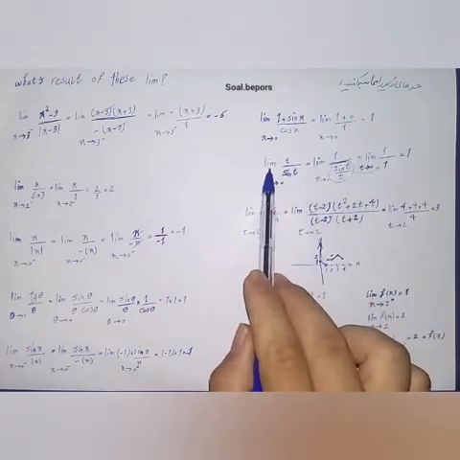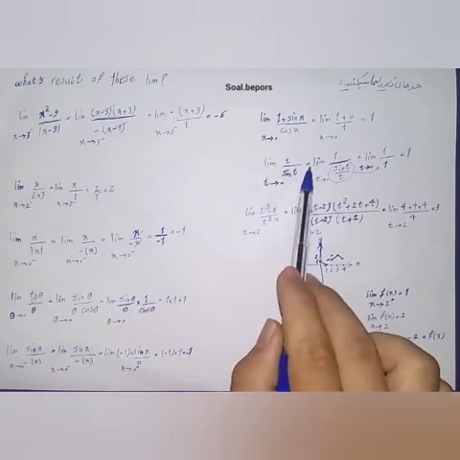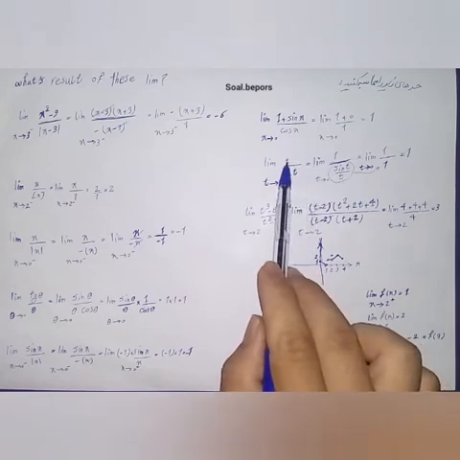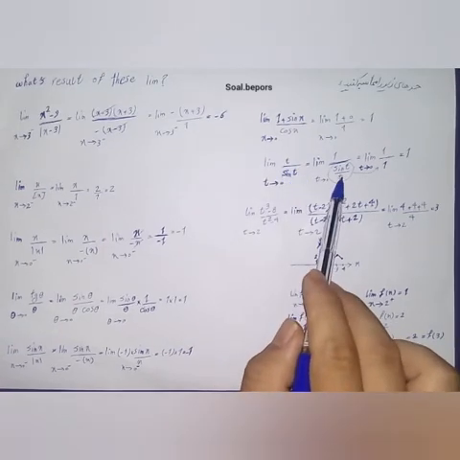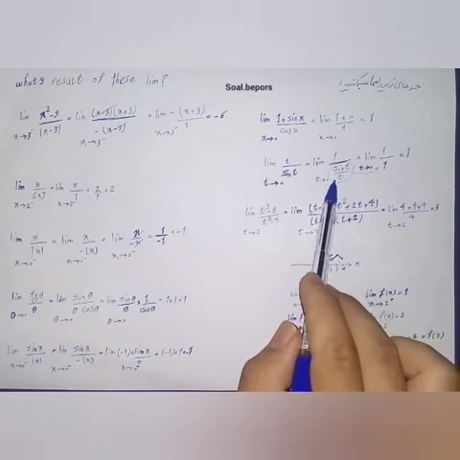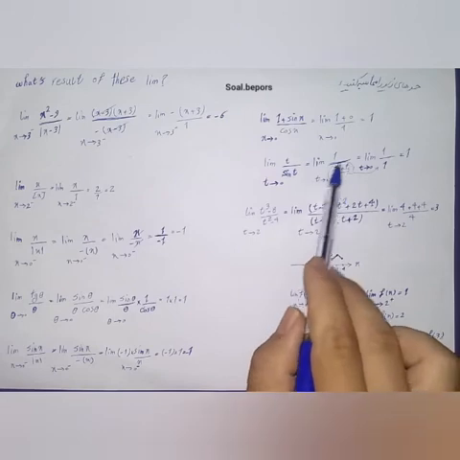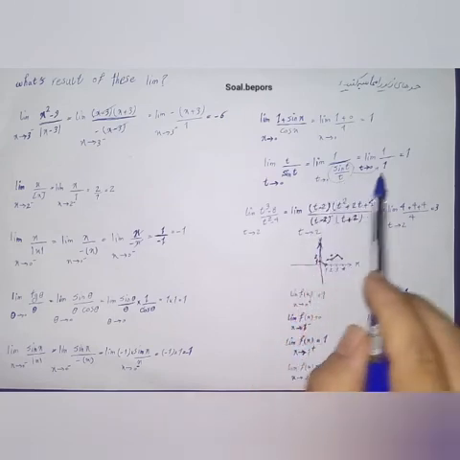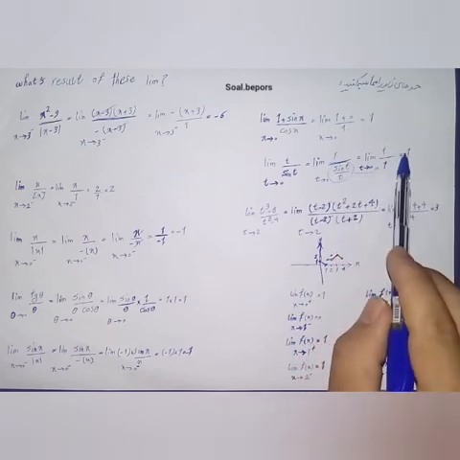Another one, the limit of t divided by sine t when t goes to 0. If we transfer t to the denominator, we have the known limit 1, so 1 divided by 1 is 1.